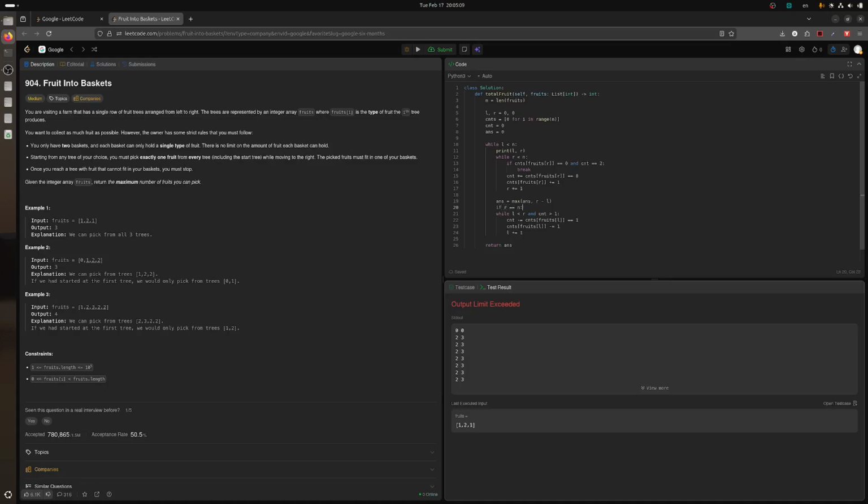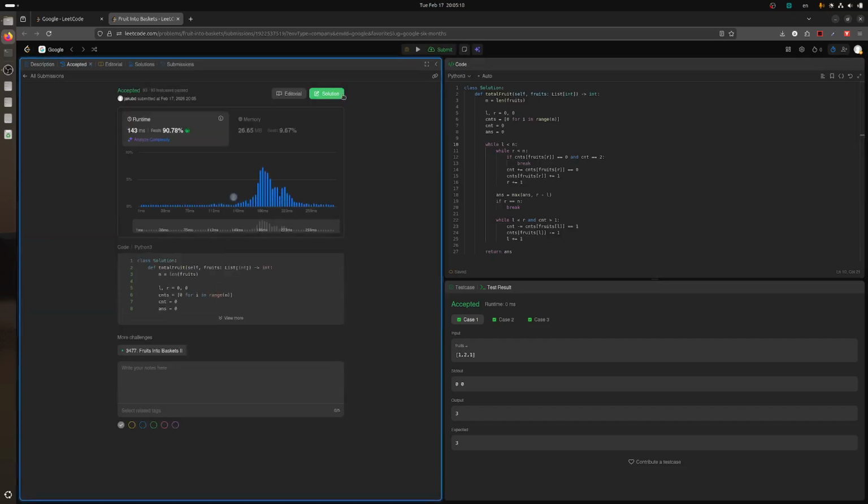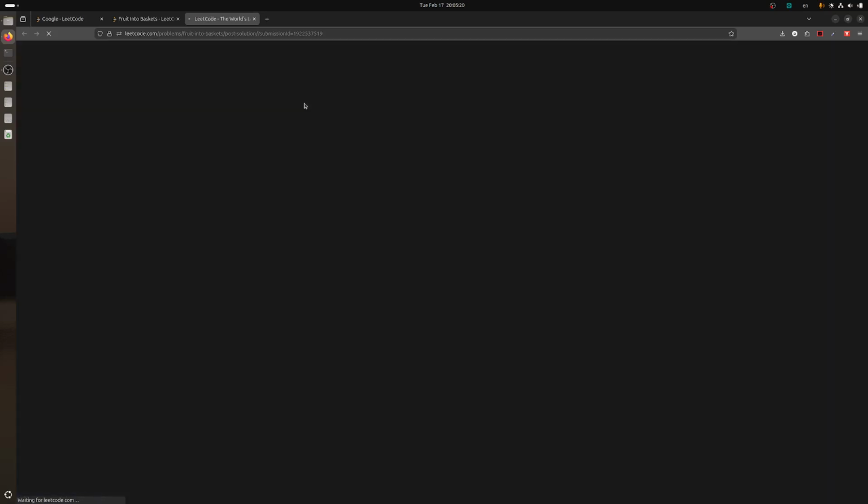If R is n, break. That's it. Okay. Remove this, submit. Okay, that's as simple as sliding window.